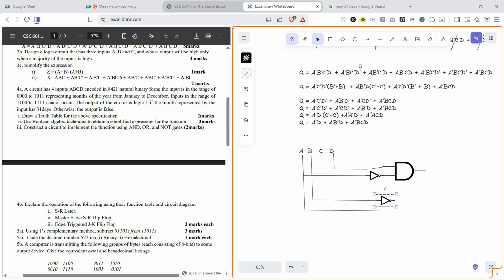Then D. So this would be the AND of these three.